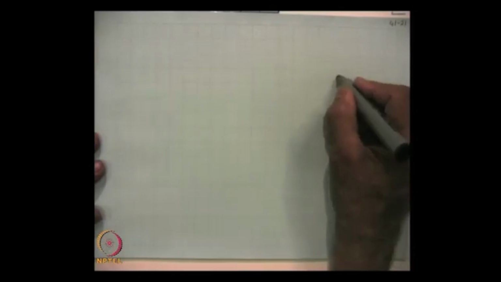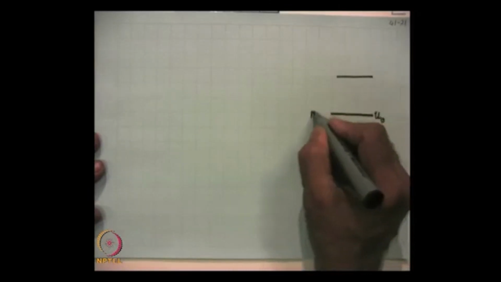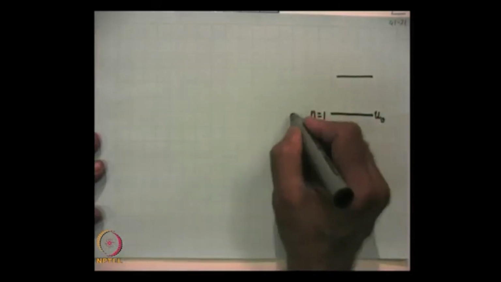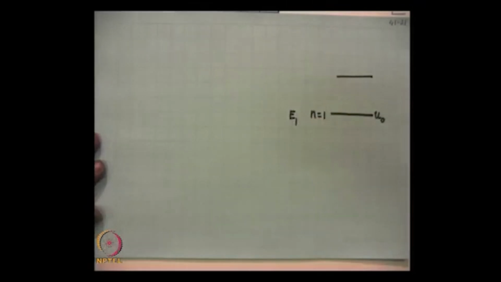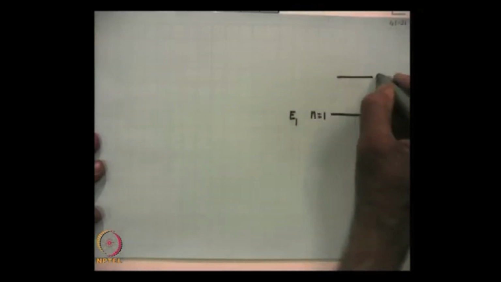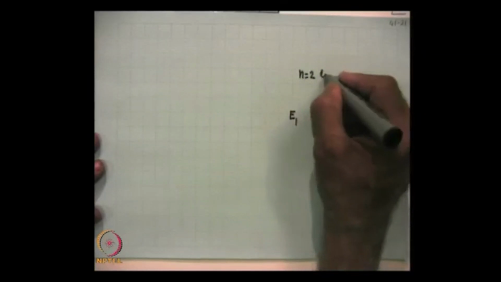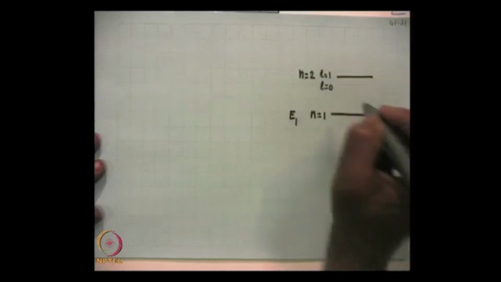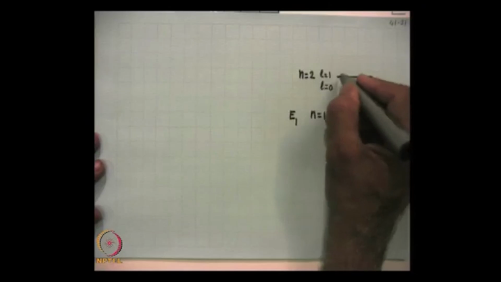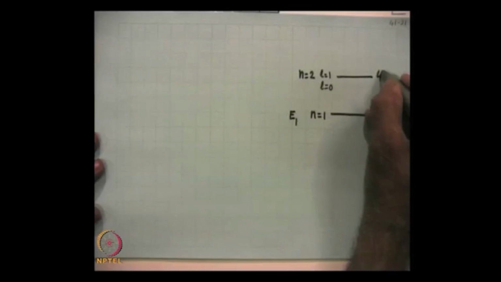The ground state, n is equal to 1, has an energy equal to E1, which we know to be minus 13.6 electron volts, it is a negative number, and the n equal to 2 state is 4-fold degenerate. So, n is equal to 2, then you have L is equal to 1 or L is equal to 0. When L is equal to 1, you have m equal to plus 1, 0, minus 1. So, this will have 4-fold degeneracy.